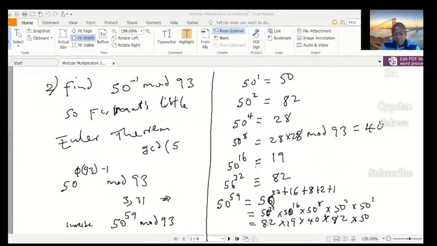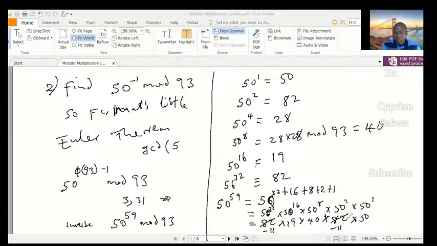If you want, you can reduce the larger ones. This large one is 82. 82 mod 93 can be written as negative 11. You can write this one as negative 11 if you want to reduce your work, and also this one is negative 11. Or you can just work the way they are, but you can also reduce them.